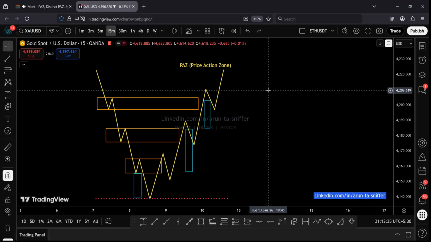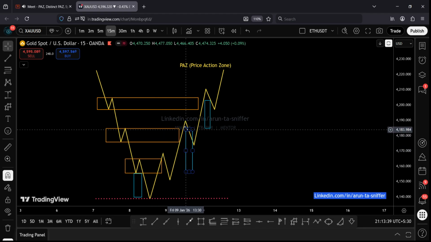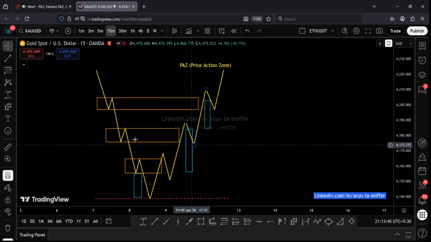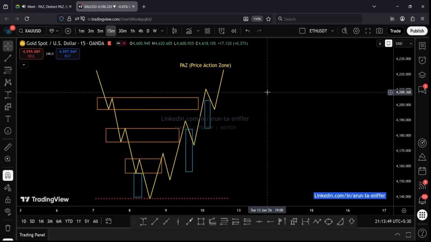So in simple terms, these are the price action zones. If you look closely, you will see that they exist almost in between two zones, or two FTRs or two FLs, right? So when price reverses, it goes like this. They can be different types, and let's see them.